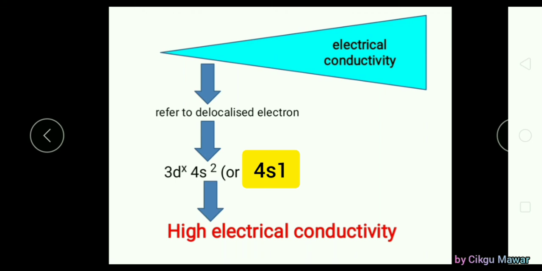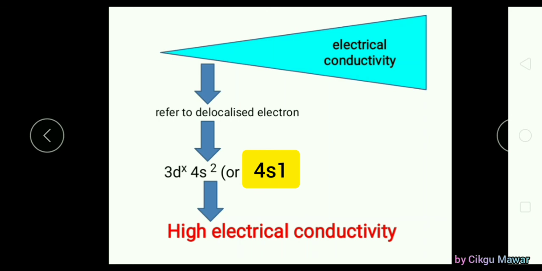Referring to the valence electrons of transition elements, they have more delocalized electrons compared to group 1 and group 2 metals. So they have higher electrical conductivity because of the greater number of delocalized electrons. So transition elements have higher electrical conductivity compared to metals of group 1 and group 2.